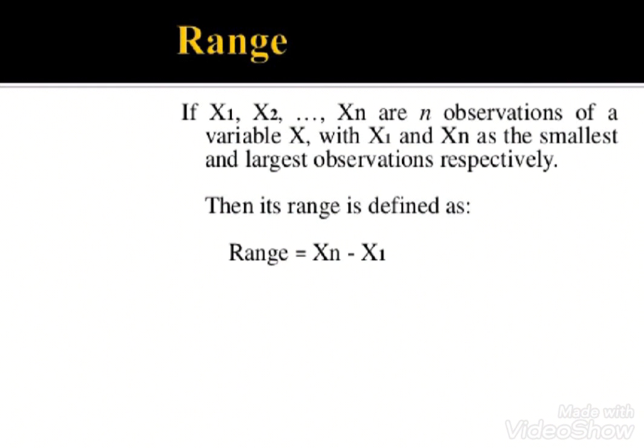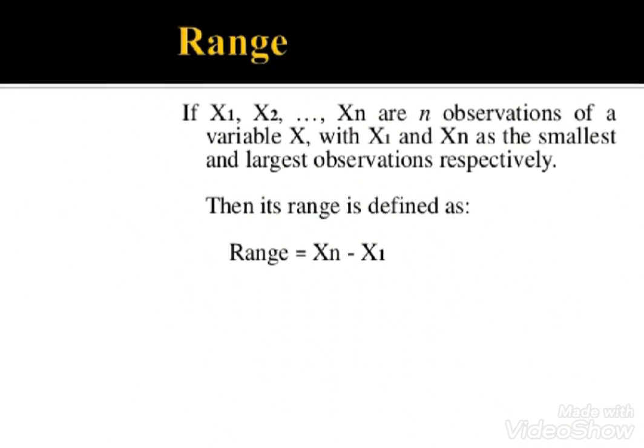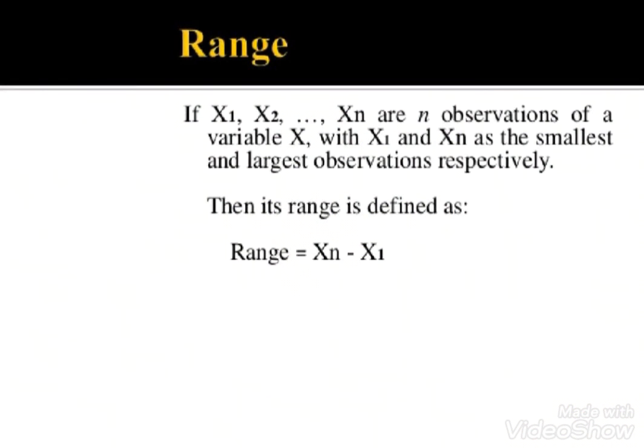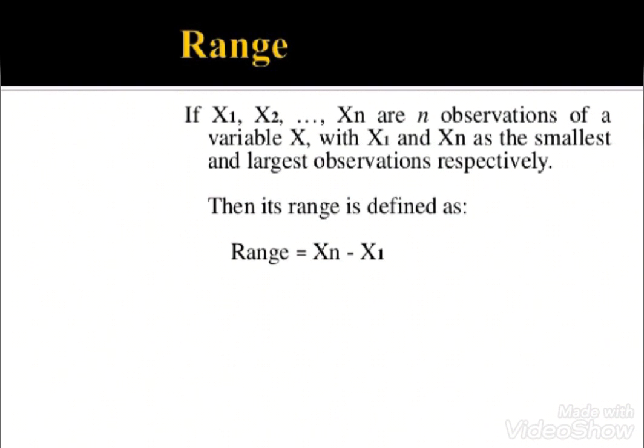If x1, x2, up to xn are n observations of a variable x, with x1 and xn the smallest and largest observations respectively, then its range is defined as range equals xn minus x1. So here you are going to find the range from one point to another point.